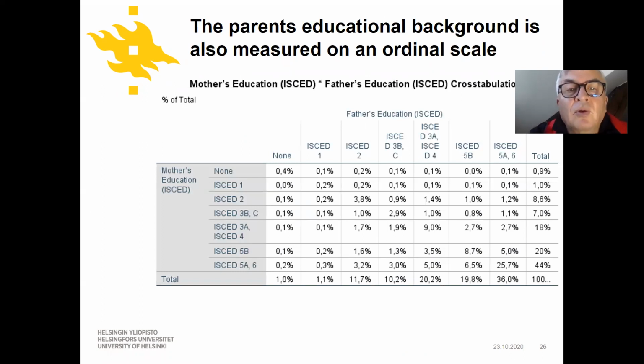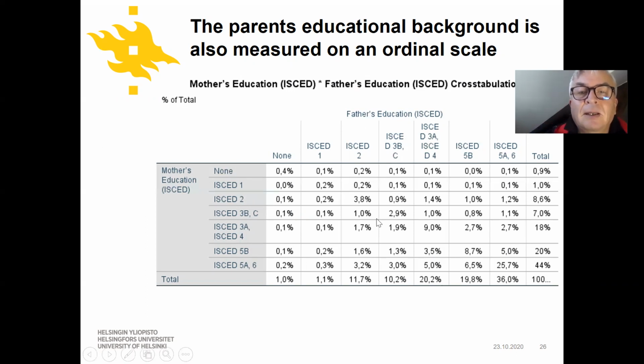Now then, we are approaching correlation, but we have done something else here. This is what is called a cross-tabulation. It's also something that we will try out with SPSS. Here we have the mother's ISCED and the father's ISCED, or fathers and mothers' educational background, cross-tabulated.